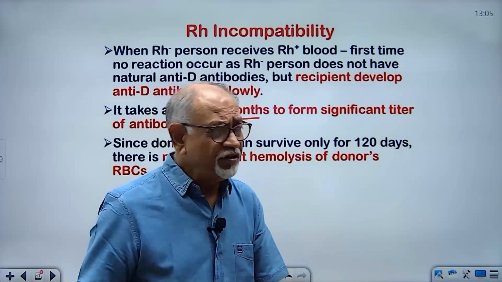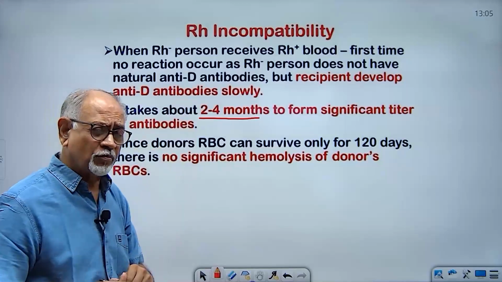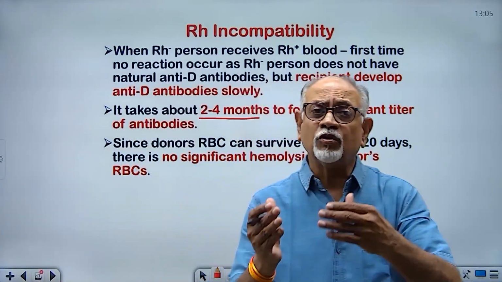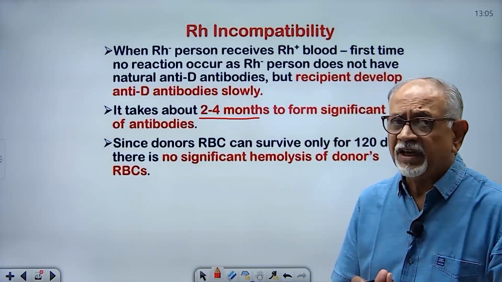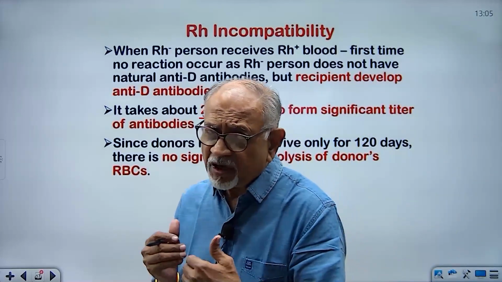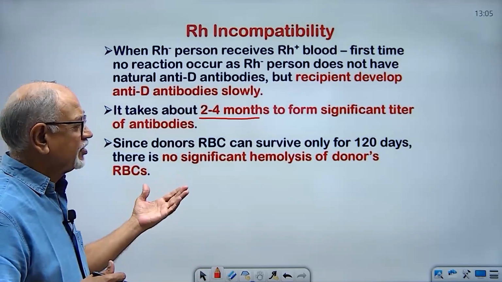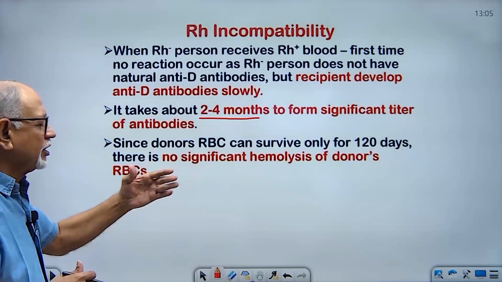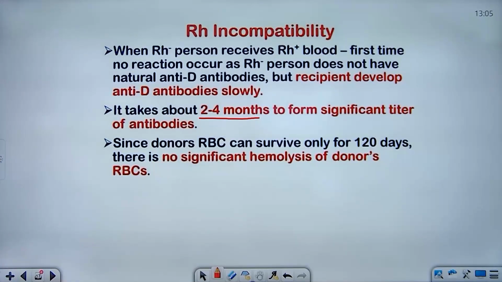But since antibody formation takes about 2 to 4 months and the lifespan of the donor's RBC is about 120 days, by the time a sufficient amount of antibodies is formed in the recipient, the RBCs of the donor in the recipient are already hemolyzed.